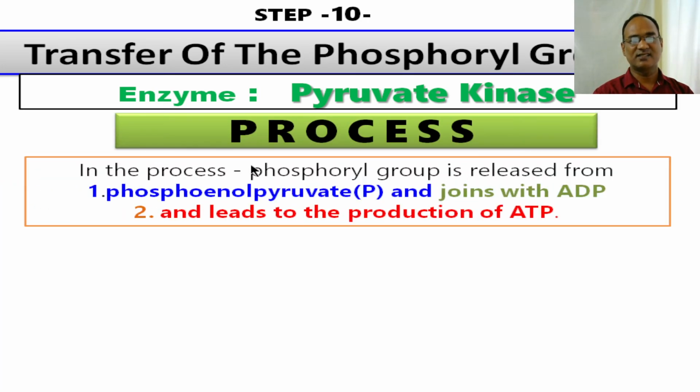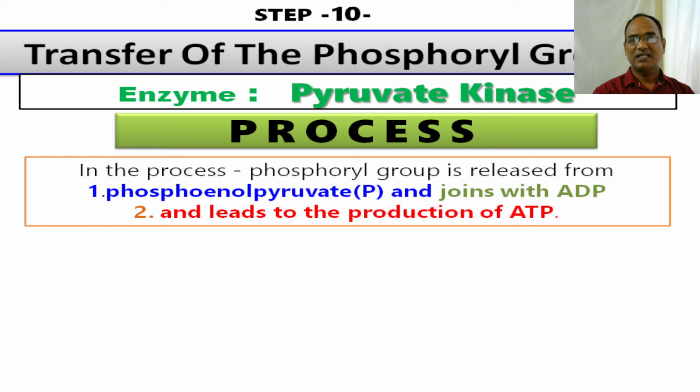The process is, the phosphoryl group is released from phosphoenol pyruvate. The phosphate is joined with adenosine diphosphate and leads to the production of adenosine triphosphate in this phase.